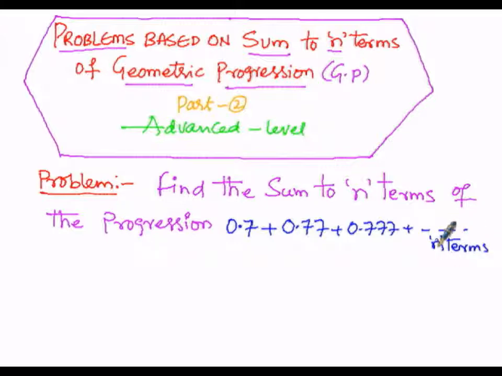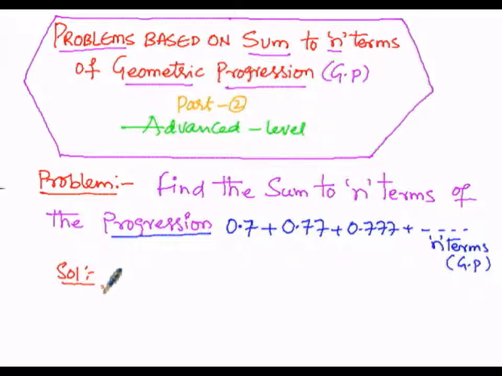So here the progression is a GP, the geometric progression. So we are going to find out the sum of n terms of this geometric progression, which is given by 0.7 plus 0.77 plus 0.777 plus dash dash up to n terms.